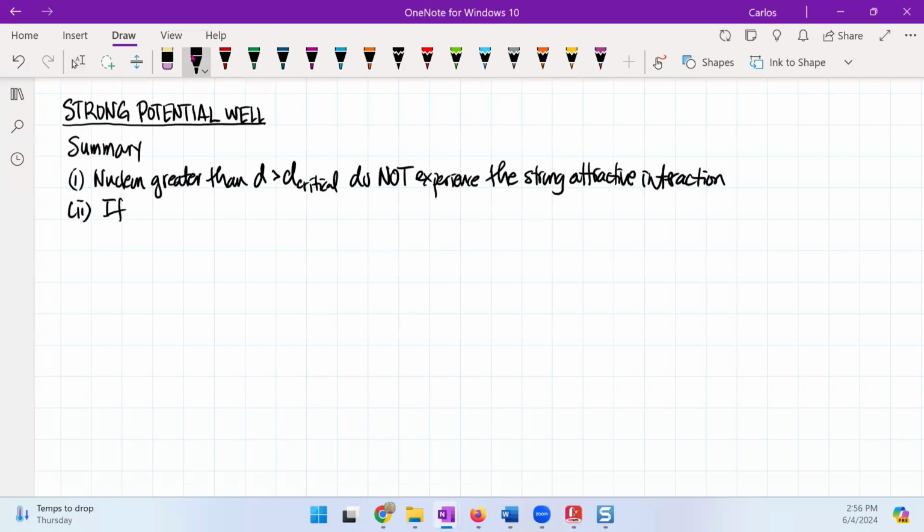If nucleons are close to the critical point, there is an attractive interaction.